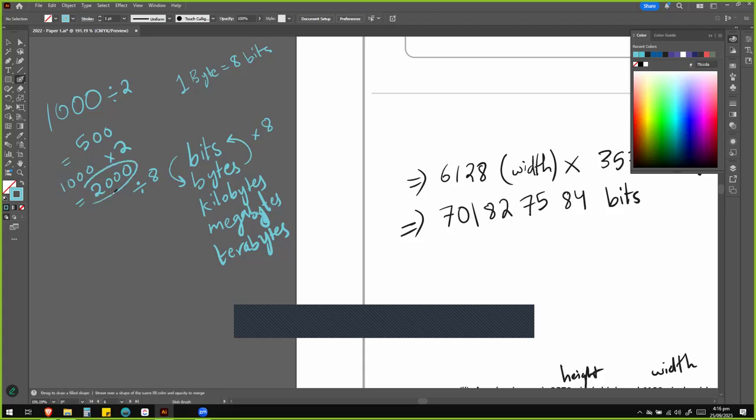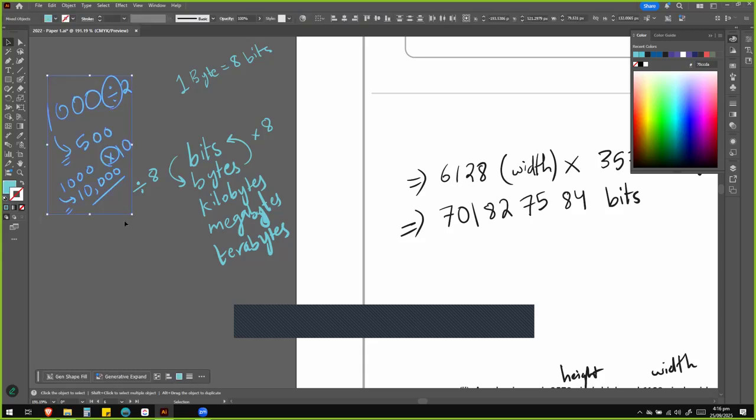Same way, if I multiplied that by 10, I would get 10,000. So you see the number is getting bigger when we multiply, and the number is getting smaller when we divide. So just remember that little rule when working with the conversion ladder.